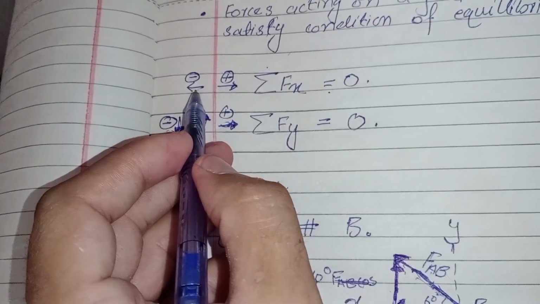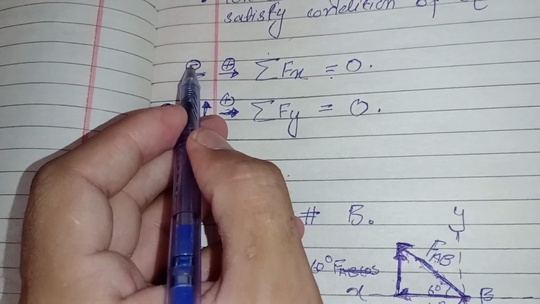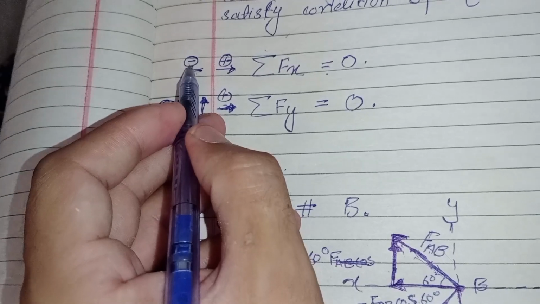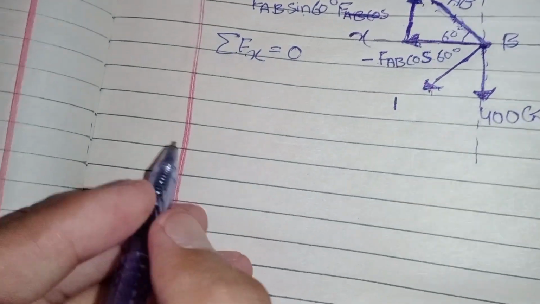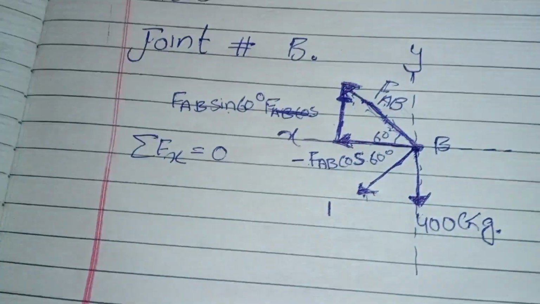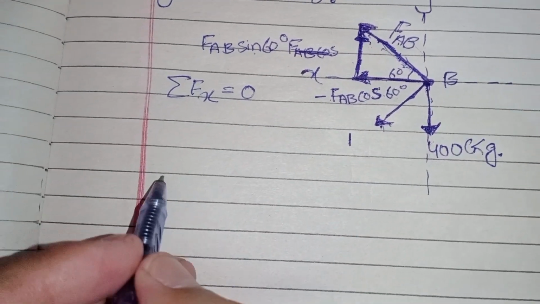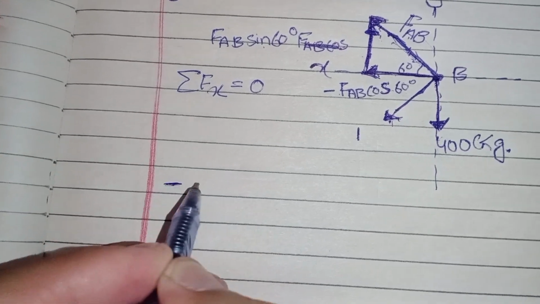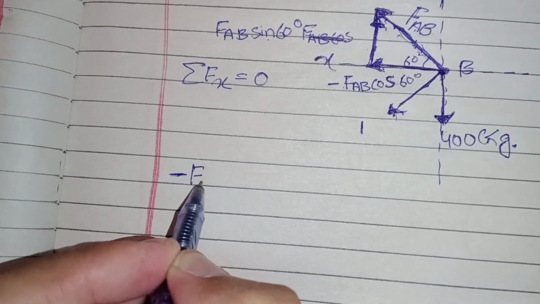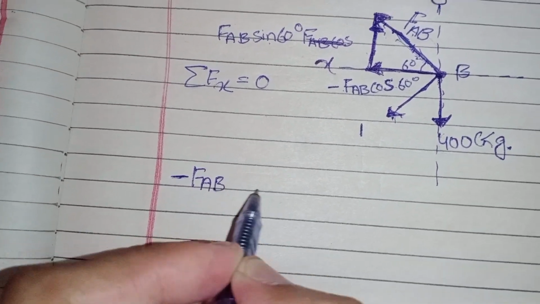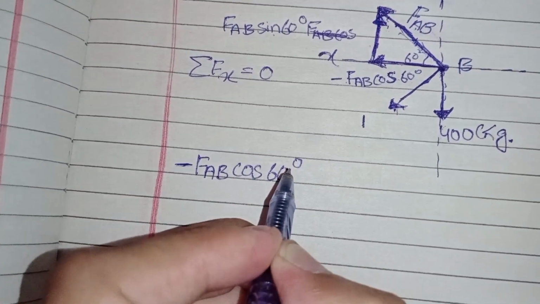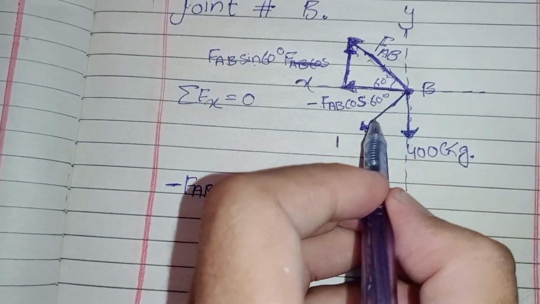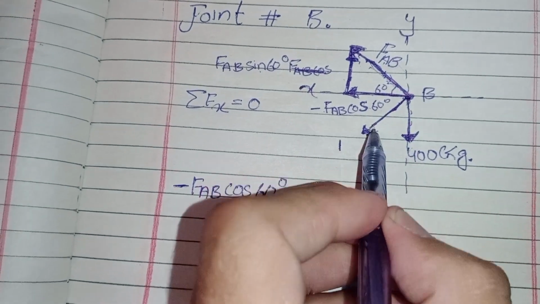We have studied that a force directed toward left we take on the negative side. So the first force we obtain is negative F of AB cos 60 degree.